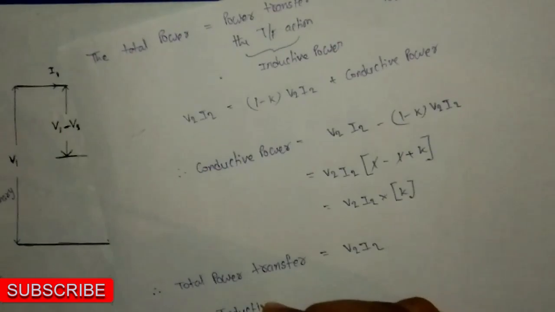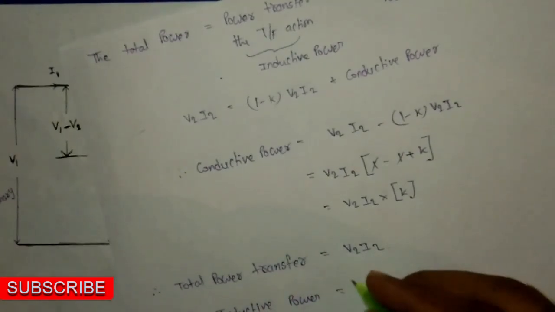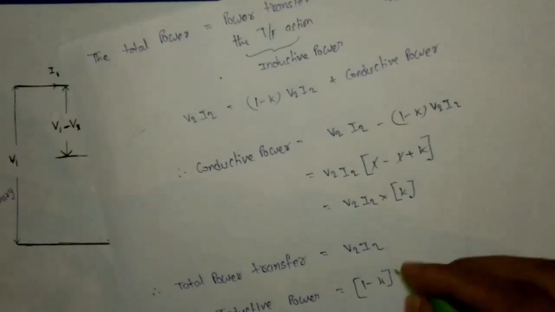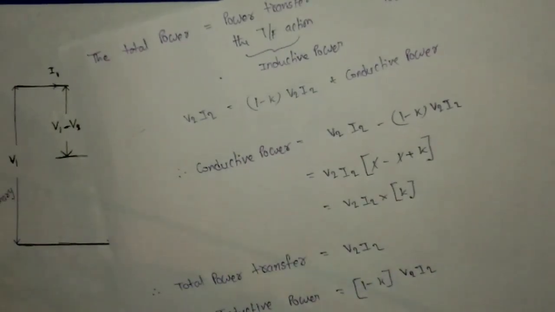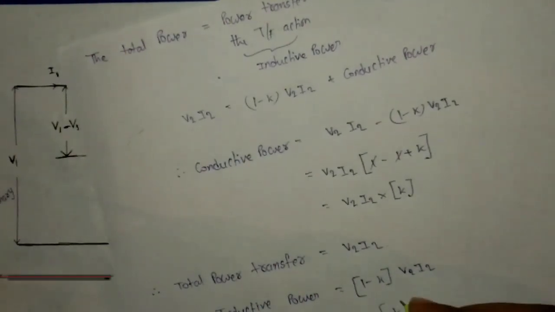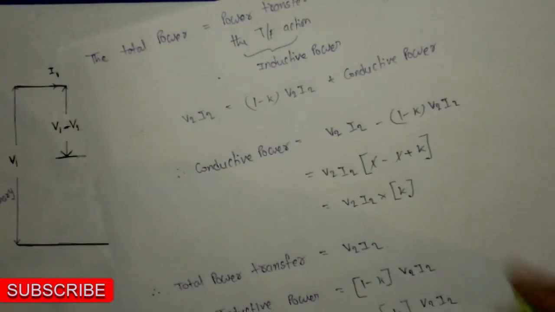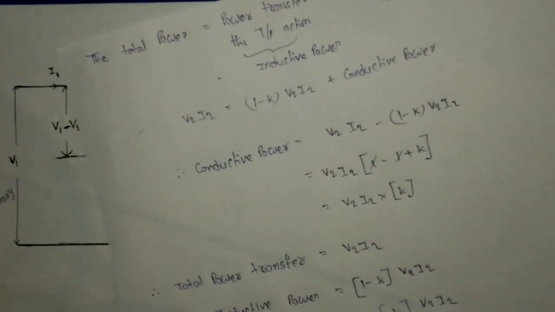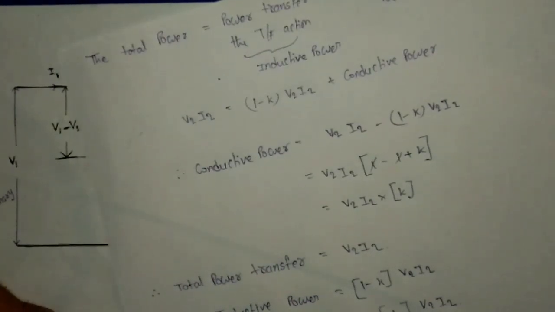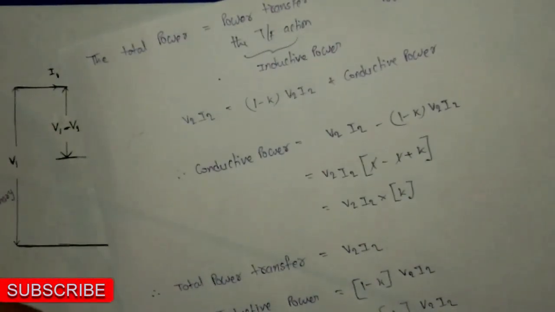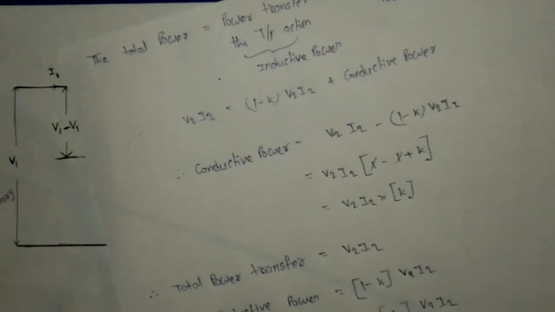Inductive power equals 1 minus K into V2 I2. Conductive power equals K into V2 I2, where K is the transformation ratio. In our next video, we will see the comparison between auto transformer and two winding transformer: first one VA rating, another one weight of copper.